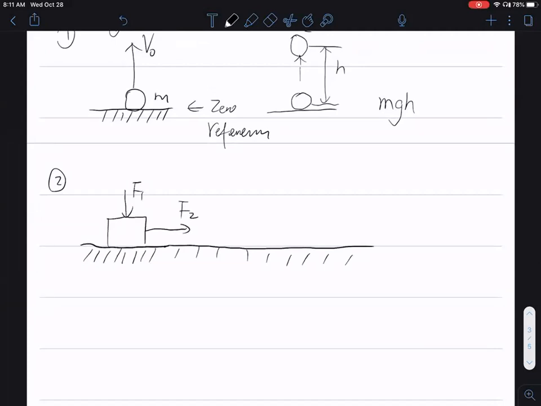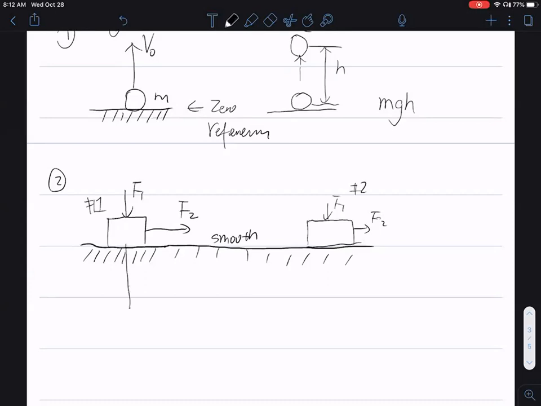Let's call that F2. And this is a smooth surface. So this is at position 1. At position 2, the box is pushed to this new position. Let's call this position 2.